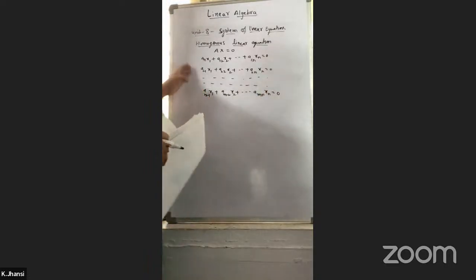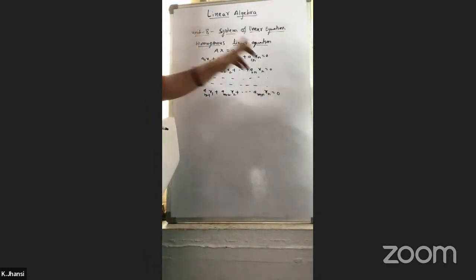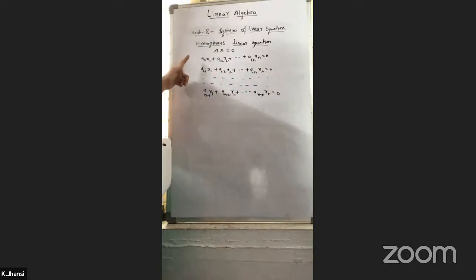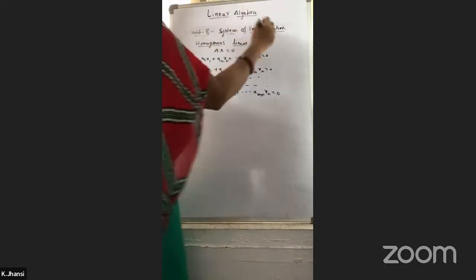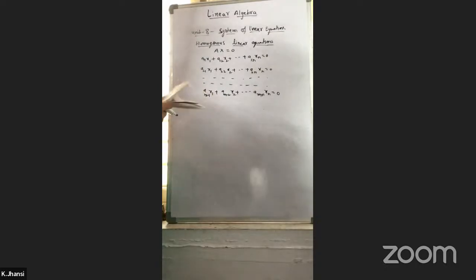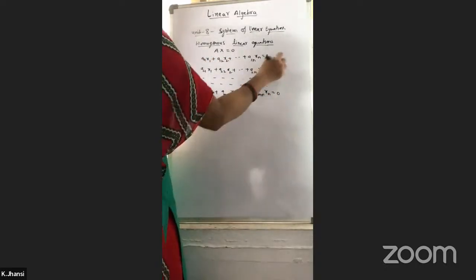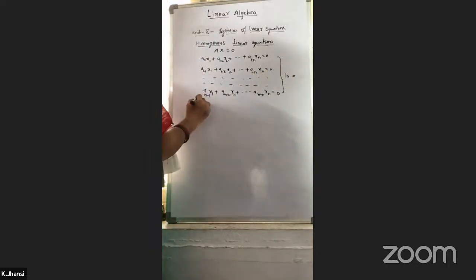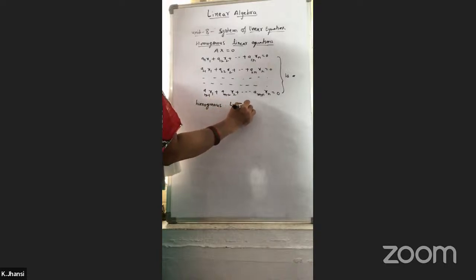So like this, you will have the form of the linear equations. On the right hand side, if you have the values as 0, then we call it a homogeneous linear equation. Okay.